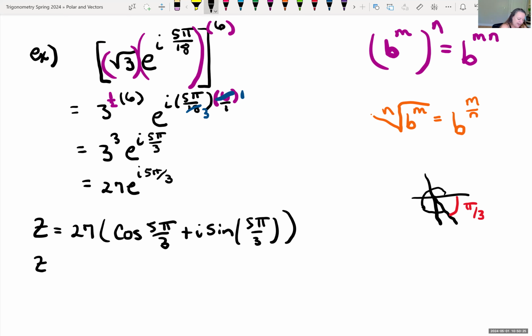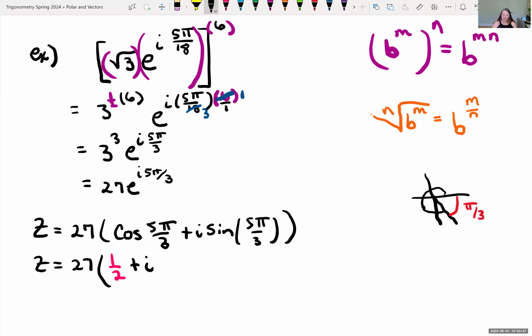So let's go back and evaluate our trig functions. I know that cosine of pi thirds is 1/2. Cosine in that fourth quadrant is positive, so I have positive 1/2 plus i. Sine of 5 pi thirds, my reference angle again is pi thirds.